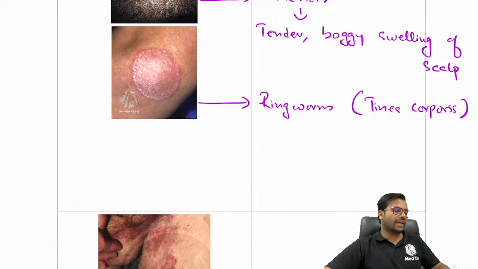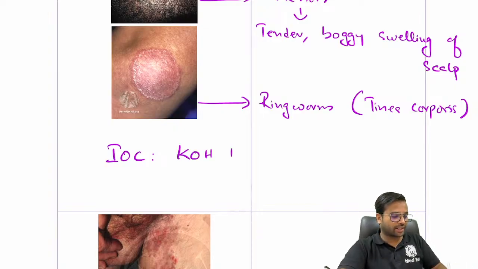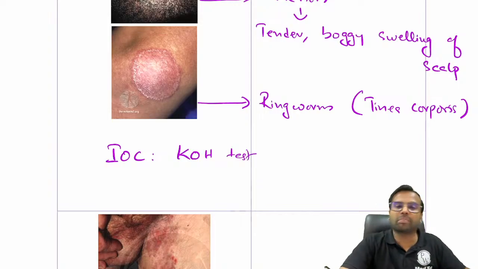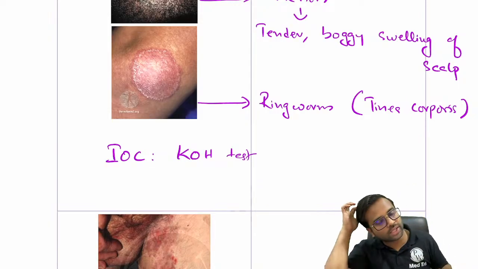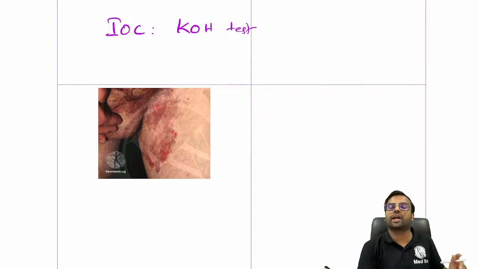So in all these cases, what is our investigation of choice? Anyone? KOH test, isn't it? So we can simply do a skin scraping. Once you do a skin scraping, if you are able to see fungal hyphae, then you can start the patient on antifungal agents, right?